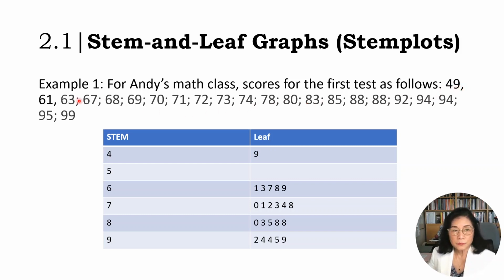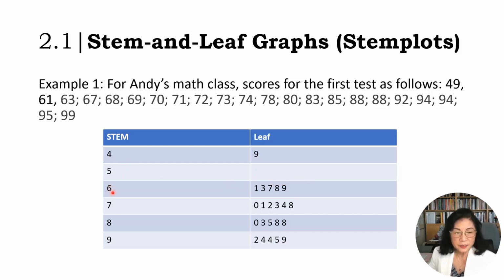And look at other scores here. We don't see anything in the 50s. So for the 50s, you will leave blank here, okay? And we still need to keep the digit 5 here, but there's no 50, 51, 52 score here, so just leave blank.